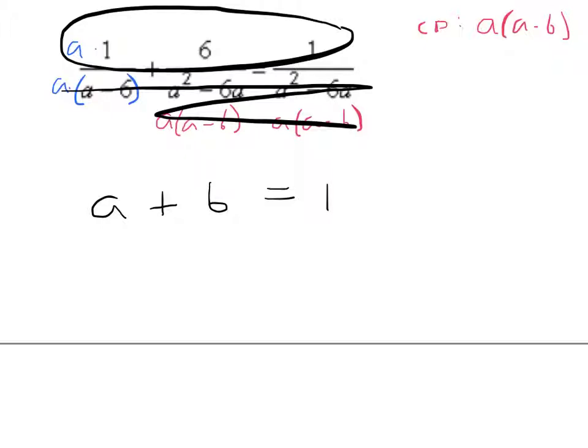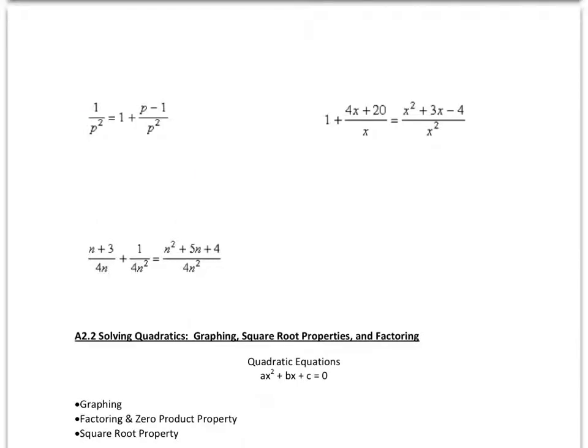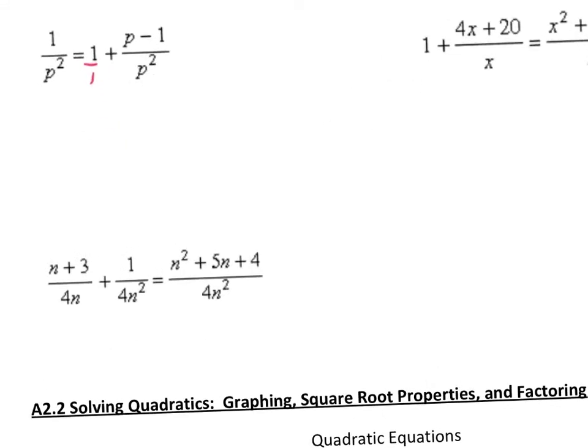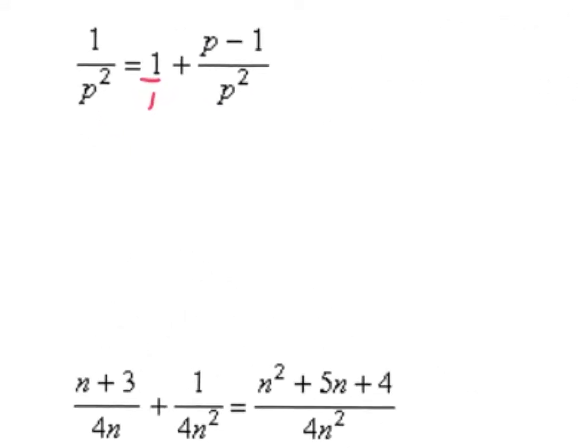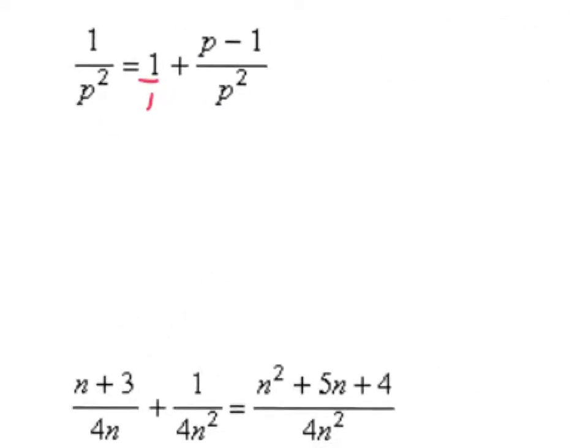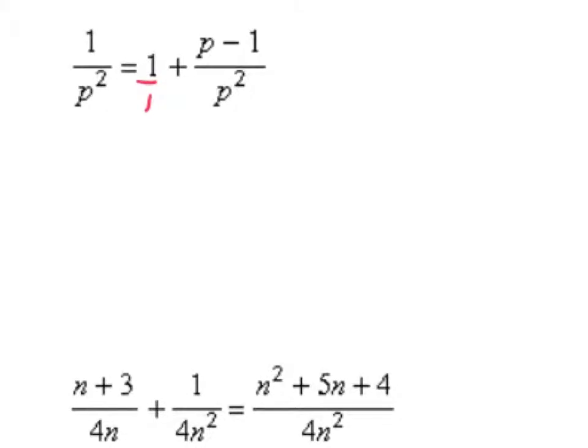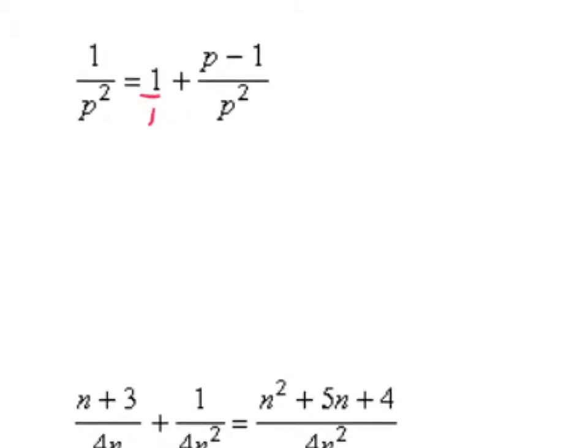Now, the last one I'm going to try, and they're all similar if you found the pattern here, is this question right here. I'm going to put it over 1. And the common denominator is p squared.